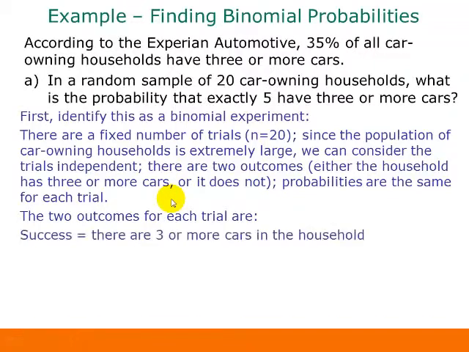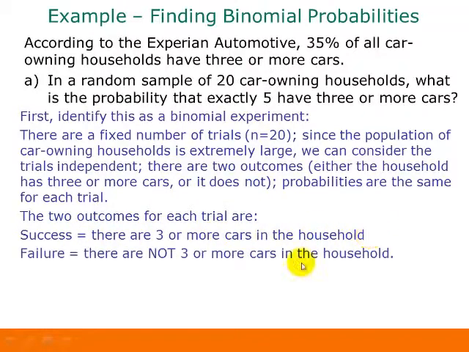Okay, so the 2 outcomes for each trial are success, there are 3 or more cars in the household; failure, there are not 3 or more cars in the household. And this is something that we can define when we're setting up the problem. So I just decided to define success as there being 3 or more cars in the household. And one way you can look at this is look at what question you're being asked.